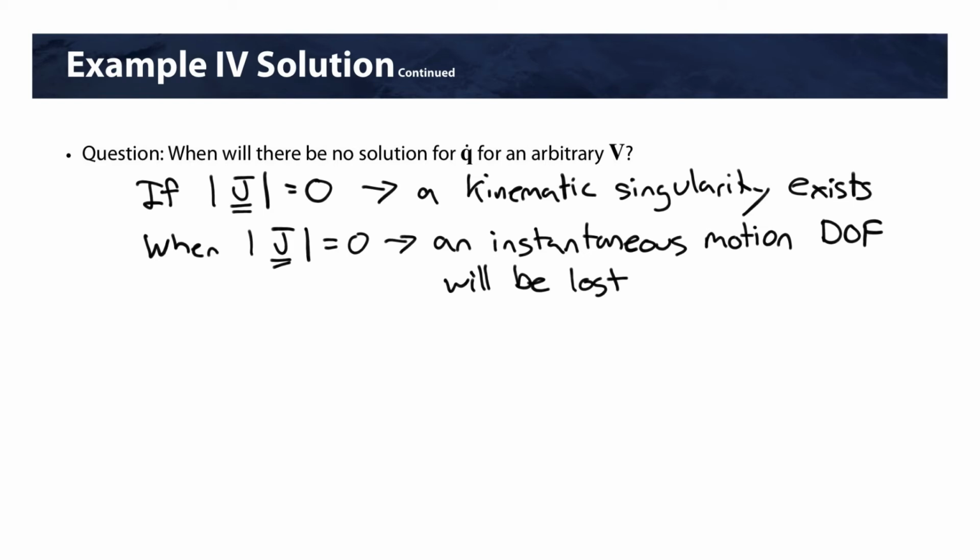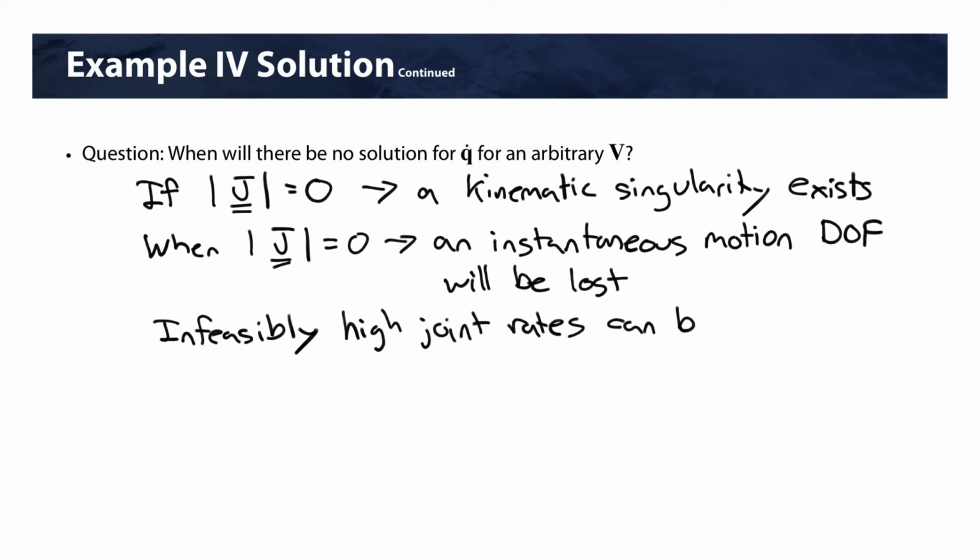And in fact, as you near the singular configuration, you get higher and higher joint rates until at the singular configuration, the manipulator needs infinite joint rates, which is obviously impossible. So let's make a note of this. Infeasibly high joint rates can be required when we're near a kinematic singularity.